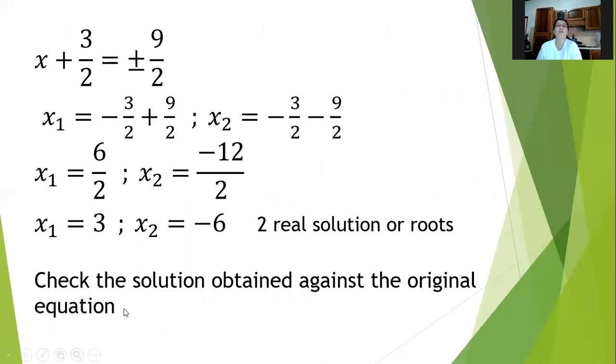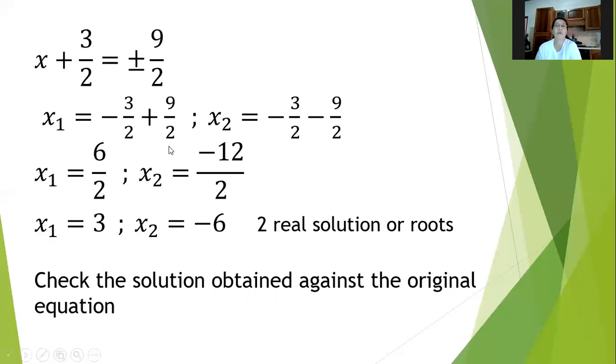We come up with x sub 1. X sub 1 is equal to negative 3 over 2 plus 9 over 2, taking first the positive. Negative 3 plus 9 is 6. The common denominator is 2, and 6 over 2 is 3. X sub 1 now is 3.